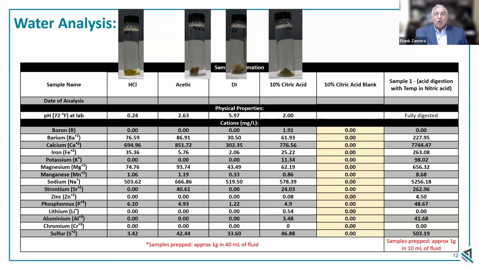So 90 grams of water, 10 grams of citric acid to form the actual 10%. It was done with DI water, so we were not introducing any elements into the actual test itself. So the test results that come out are basically from the actual sample itself.